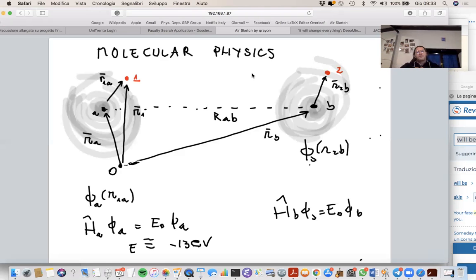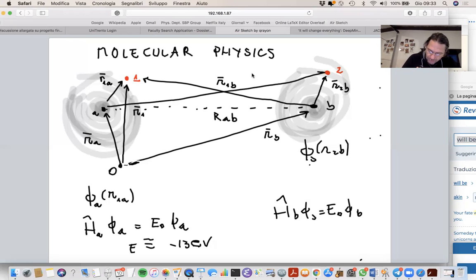In particular, it will begin experiencing the attraction to the second atom, which will depend on the distance between the first electron and the B atom. Likewise, the second electron will begin experiencing the attraction of the first nucleus.